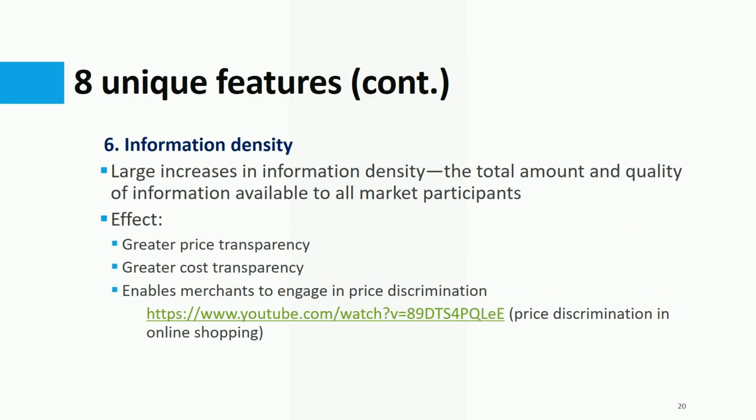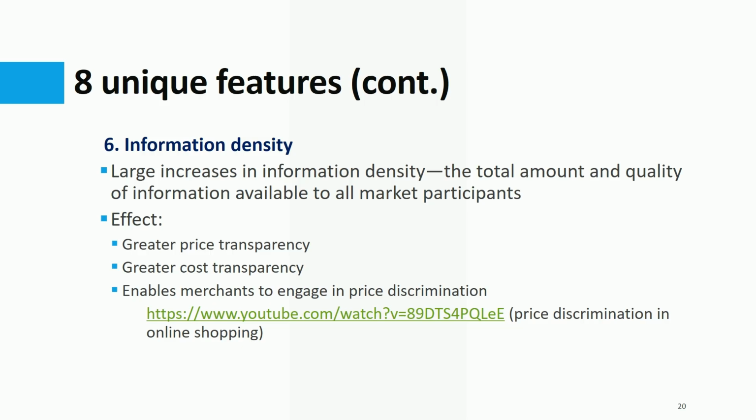The next feature is called information density. The internet and web have increased the amount and quality of information available to everyone. In e-commerce, this means prices and costs are more transparent. Consumers can easily compare prices and merchants can see what consumers are willing to pay.